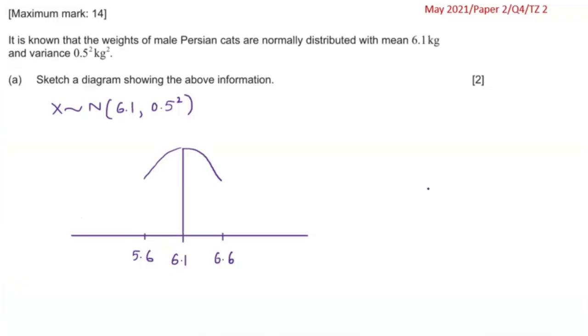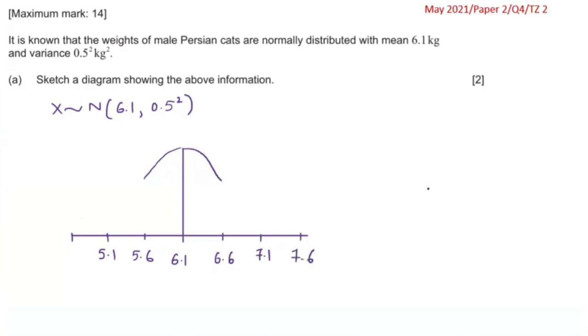Okay, 6.6 plus 0.5 is going to be 7.1, right? And similarly, I'm going to subtract 0.5 from 5.6. That's going to be 5.1, right? You can use a calculator too. Don't do mental math like me, but 7.1 plus 0.5, that's easy, 7.6.